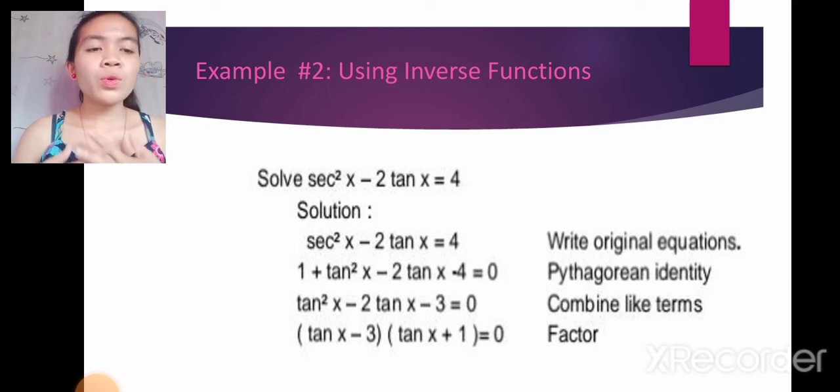We can use a Pythagorean identity. Next is tan squared x minus 2 tan x minus 3 = 0. So, combine like terms. Then the quantity tan x minus 3 times the quantity tan x plus 1 = 0. So, factor.